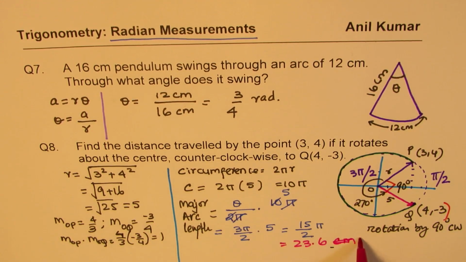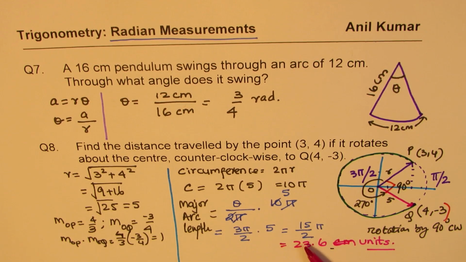Units are not mentioned, so you can just write units. Okay. So that is how you could actually find the answer. If a calculator is not allowed, 15 pi by 2 is the perfect answer. You could use pi as 3.14 approximately, multiply by 7.5 and get your answer.